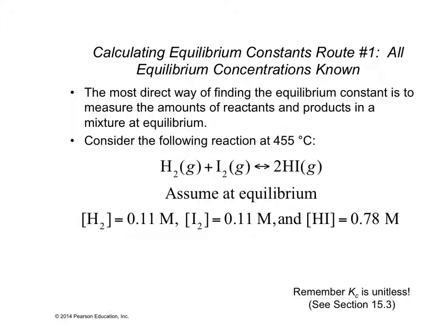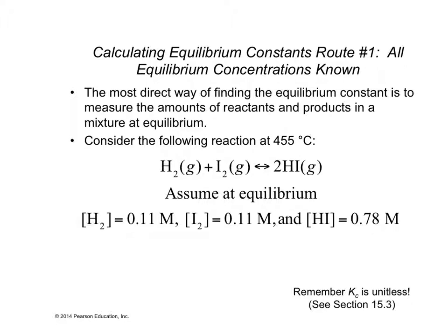Now we've talked about the overall idea behind our capital K's, our equilibrium constants. We've talked about how we can relate the magnitude to who's preferred at equilibrium. If we have a K that's a big number, greater than 1, products are going to be predominant at equilibrium.